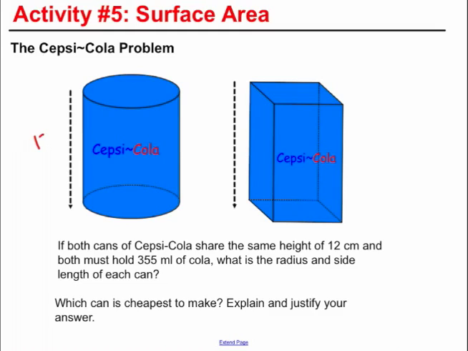And that's approximately what the actual height is of a can of pop nowadays. And we know both have to hold, and this is the actual volume of a can of pop nowadays, 355 centimeters cubed, which is 355 milliliters.